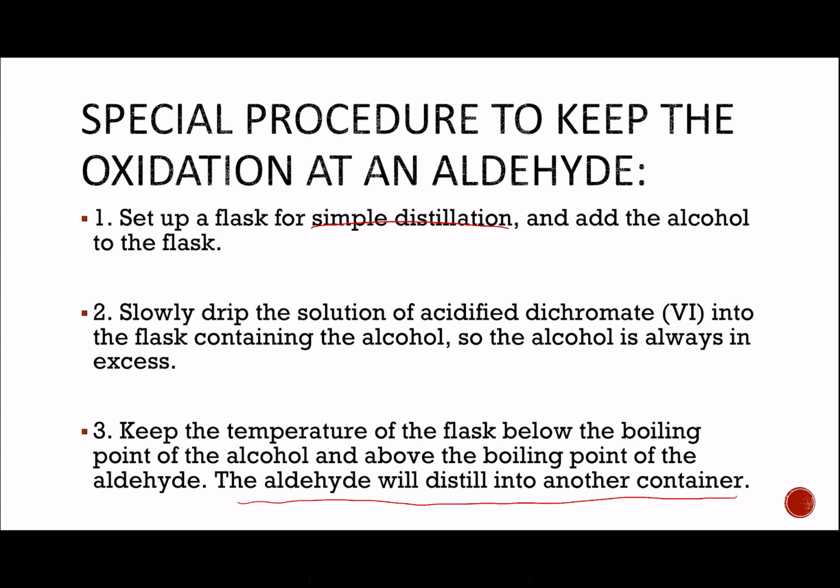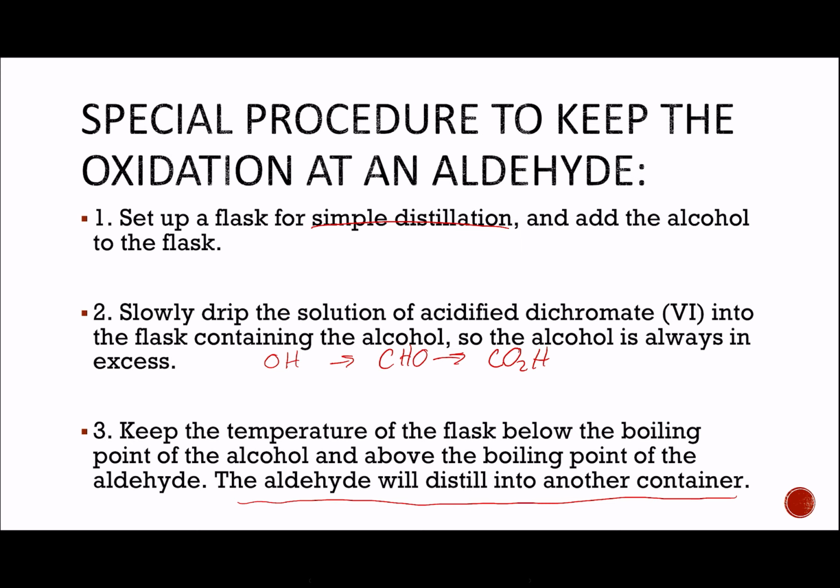The idea is the following. When you have your alcohol and you change it into an aldehyde, it is not automatic, but it's going to quickly turn into a carboxylic acid unless you can maintain the temperature in such a way that as soon as the aldehyde is being formed, the aldehyde would boil off.